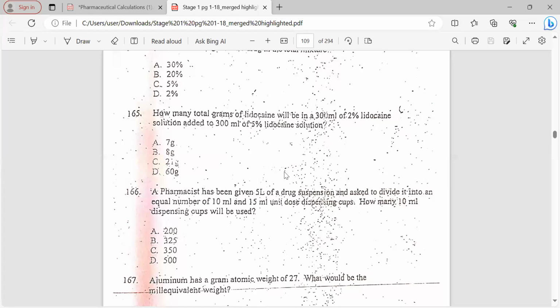But guys, yeah, anyway. So, yes. Yeah, so tutafanya tu 2/100 times 300. Then for the other one, 5/100 times 300. Then you add them.